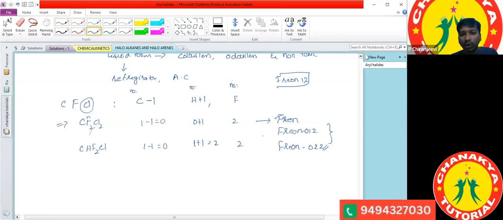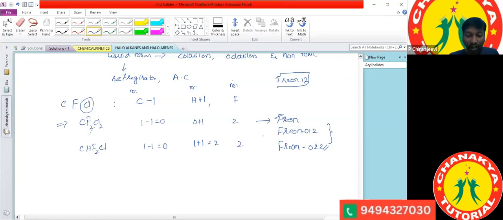If they deplete the ozone layer, ultraviolet light falls directly on humans and animals, and it causes skin cancer. To prevent skin cancer, the ozone layer has to be there. So to avoid depleting the ozone layer, we have to reduce the use of refrigerators, ACs and all.